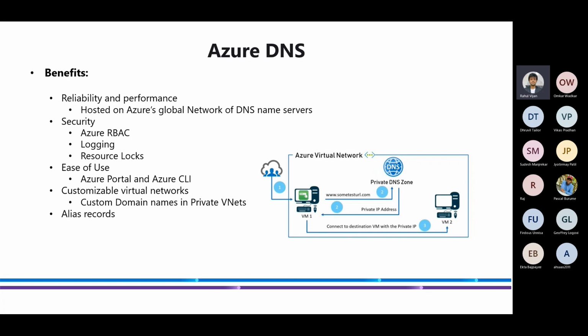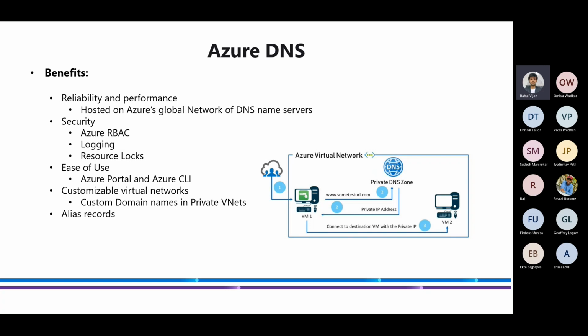Then there is security: the domain name service can be accessed using different types of access roles, which you can assign through Azure RBAC, that is role based access control.